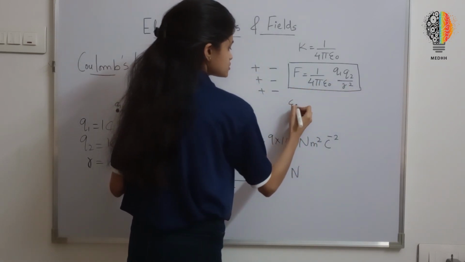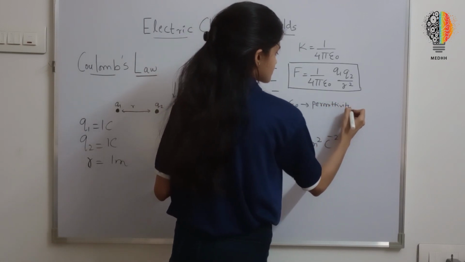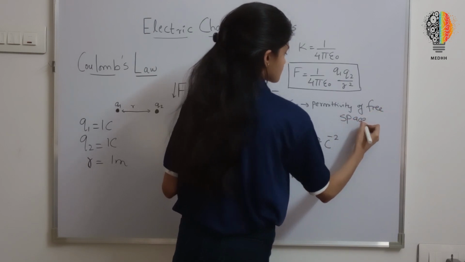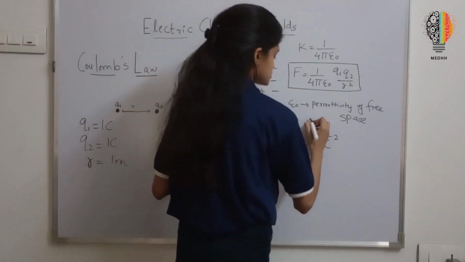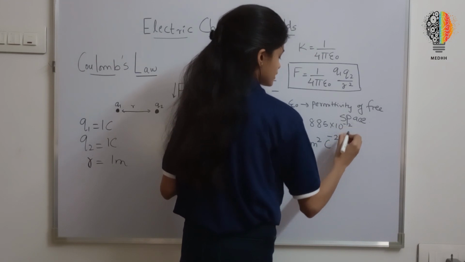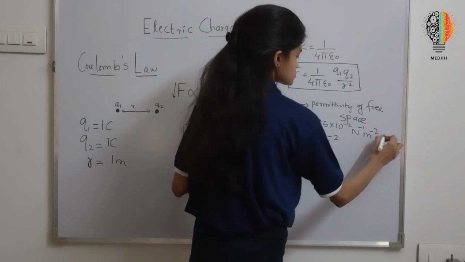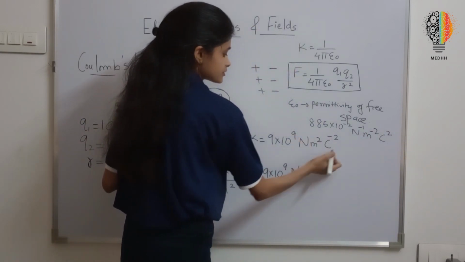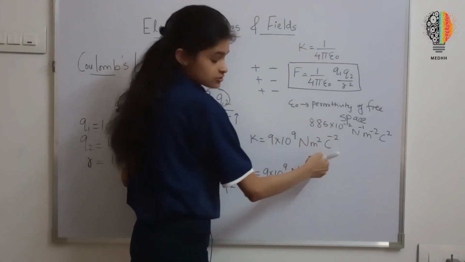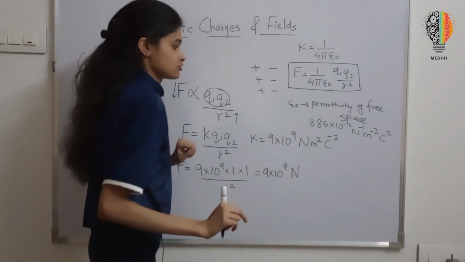Here, epsilon naught is the permittivity of free space, and the value of epsilon naught is 8.85 into 10 to the power minus 12 Newton inverse meter square inverse Coulomb square. It will be just the reverse of the units of K, because K is inversely proportional to epsilon naught.